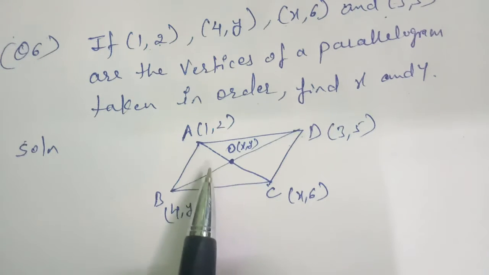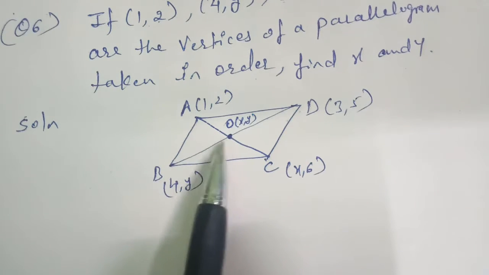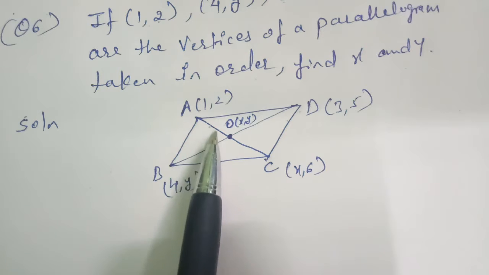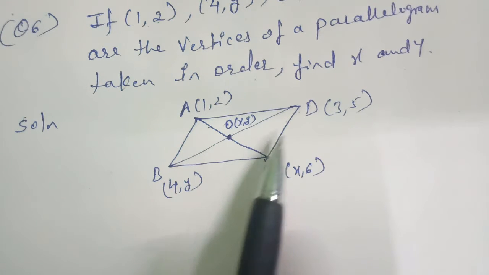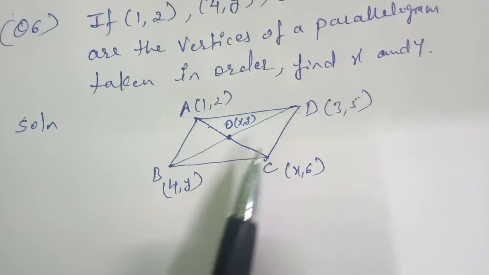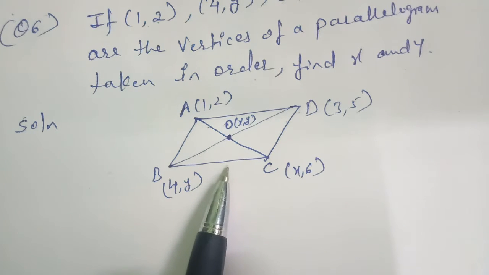Now we have to keep in mind the property based on diagonals. The diagonals of a parallelogram bisect each other. I am repeating, the diagonals of a parallelogram bisect each other.